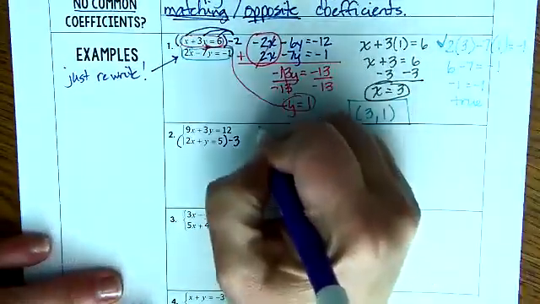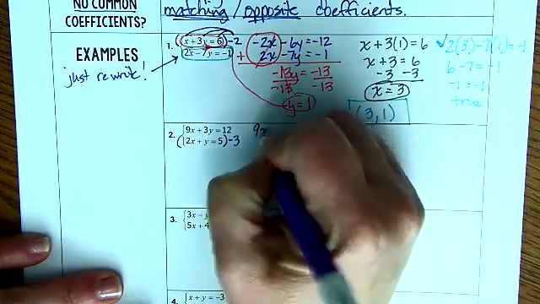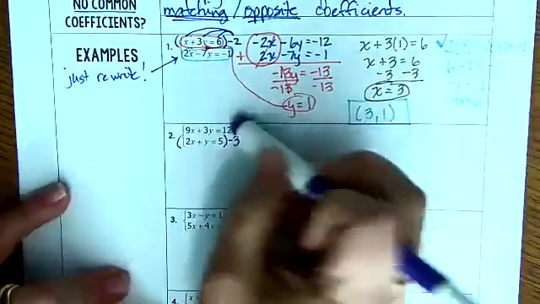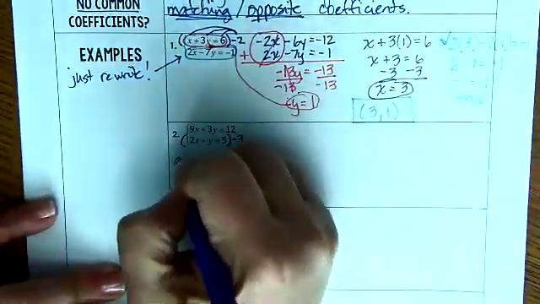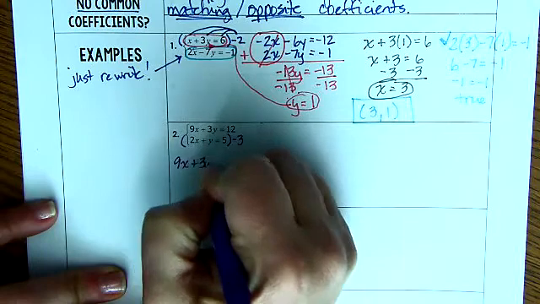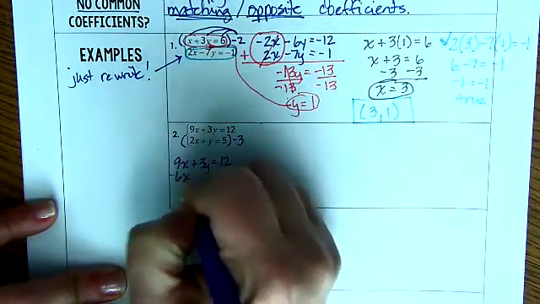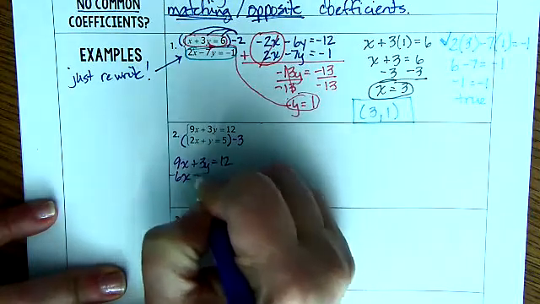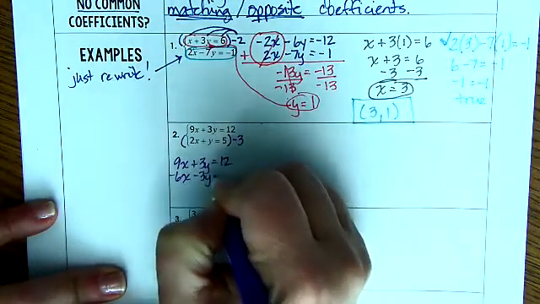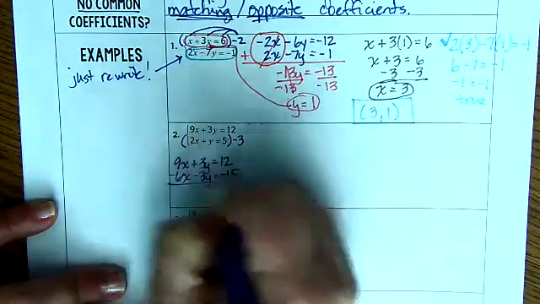So now I'm going to rewrite this top one. I could do it there, or I sometimes like to write it underneath. So I have 9x plus 3y equals 12. And then I have -6x minus 3y equals -15.